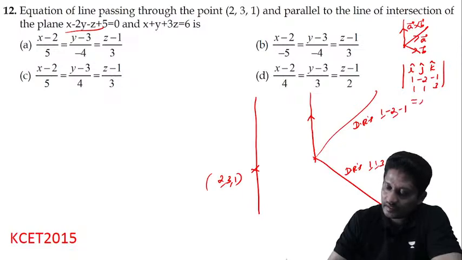If I expand this, i into delete first row first column, -6 plus 1 is -5.